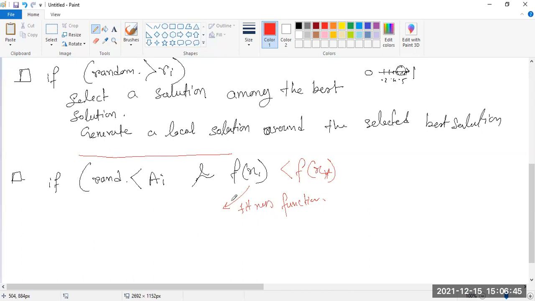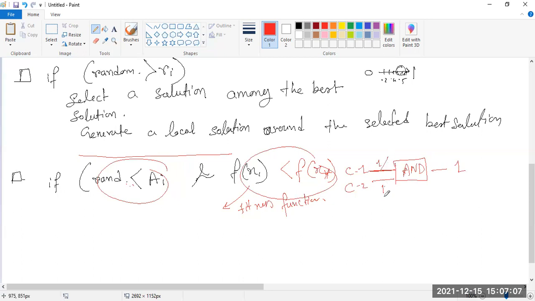Then if it is satisfied, look here, two conditions are there, meaning this is an AND gate. If there is an AND gate, say condition 1 c1 and condition 2, if this is 1 and this is 1, then only the output will be 1. If this condition is not satisfied, then this is 0, and the other is 1, so it will not be 1, it will be 0.